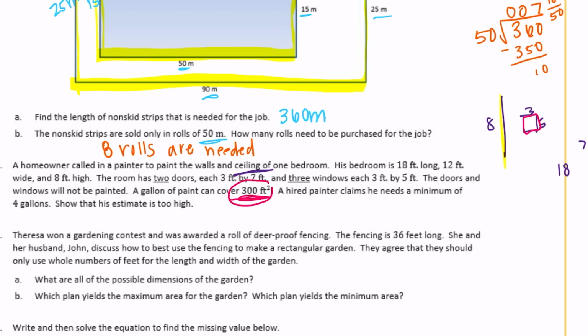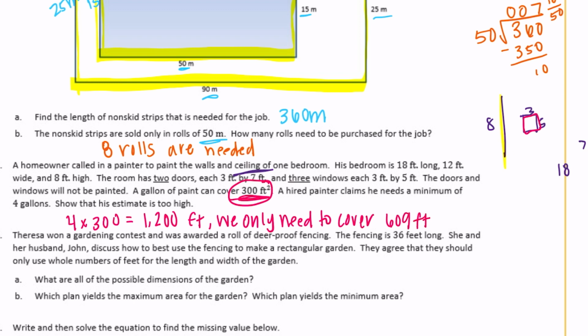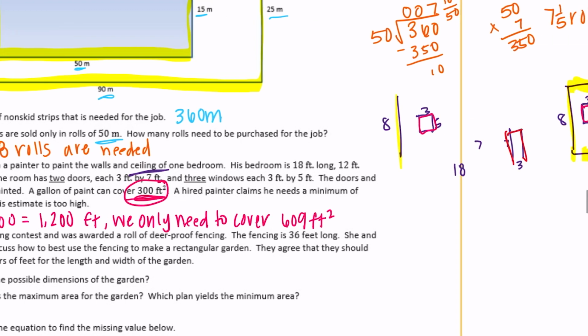Well, 4 gallons would be 1,200 square feet, right? So that's going to be way too big. We only need to cover 609 square feet. So would 2 gallons be enough? 2 times 300 would only be 600.